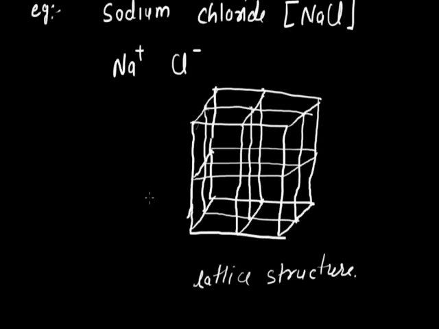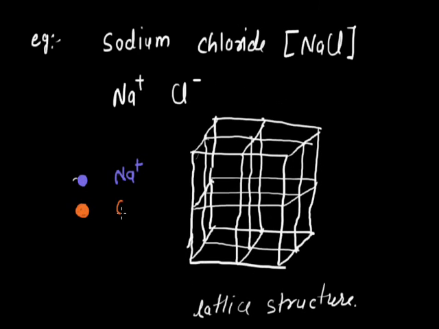Now we will put Na plus and Cl minus ions in this cube. Suppose these spots represent Na plus and these spots represent Cl minus.